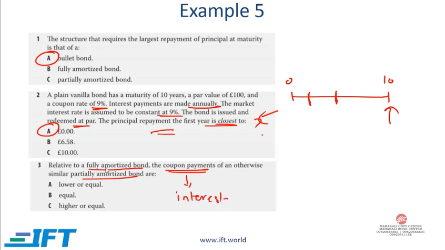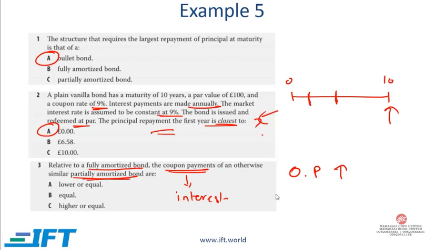Notice that we are being asked about a partially amortized bond. With the partially amortized bond, we are paying off less principal, which means that the outstanding principal amount is higher for a partially amortized bond. So the outstanding principal amount is higher. The interest rate is the same.